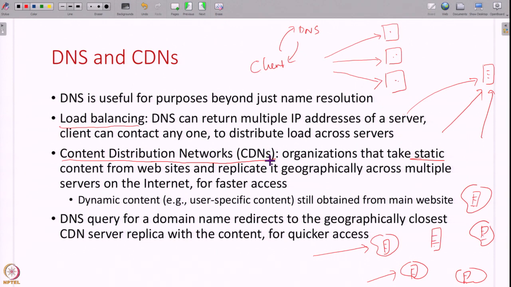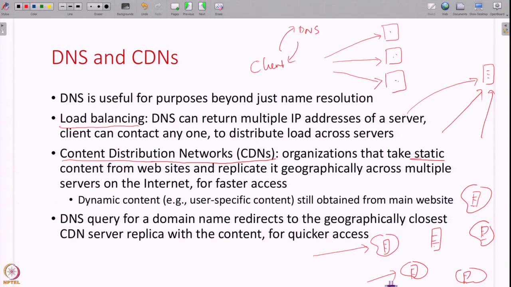They work using DNS. So when you resolve a domain name to an IP address in DNS, then DNS will find the closest replica of the content geographically, that is a CDN has replicated content, it will tell DNS, okay, if somebody from this region requests for this domain name, give them this IP address.